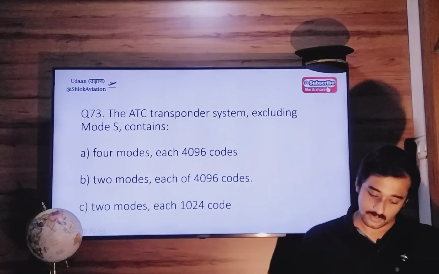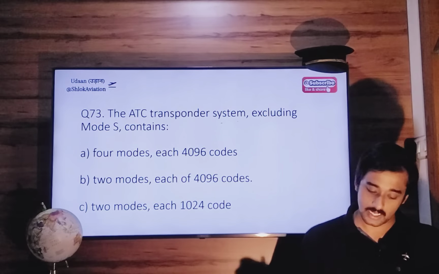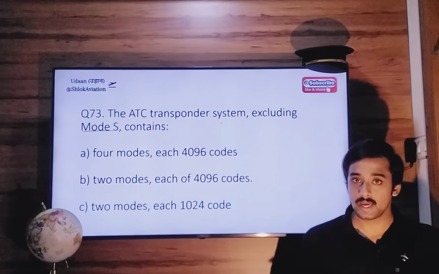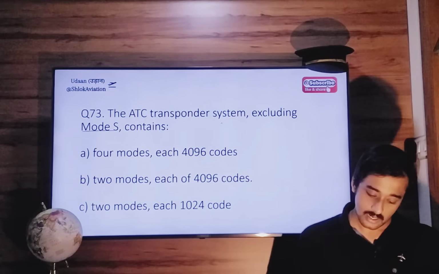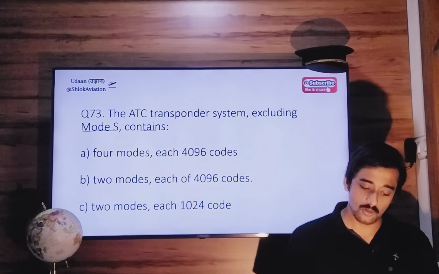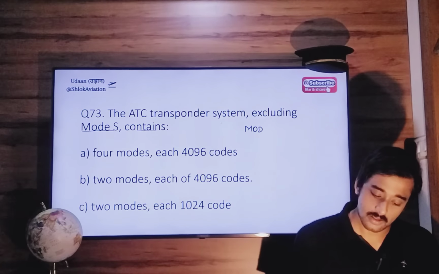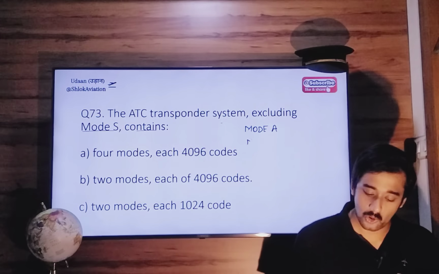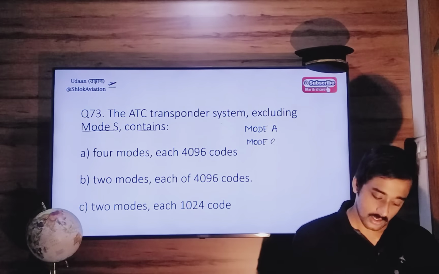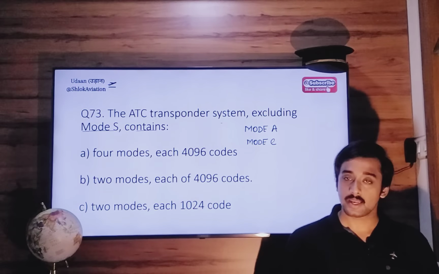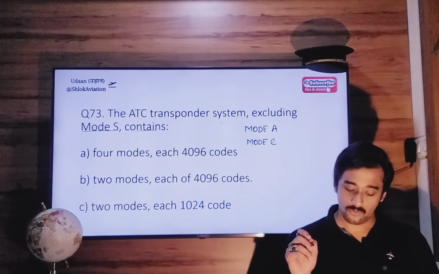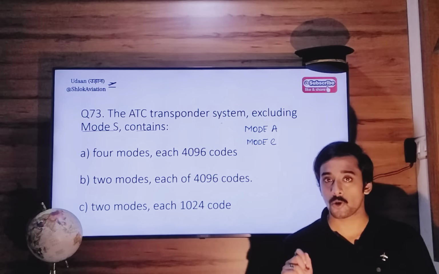Next. ATC transponder system excluding mode Sierra, mode S or mode selective, contains how many modes? So there are two modes. Except mode Sierra, we have mode Alpha and mode Charlie. So we have two modes, and each of these modes has 4096 transponder codes.